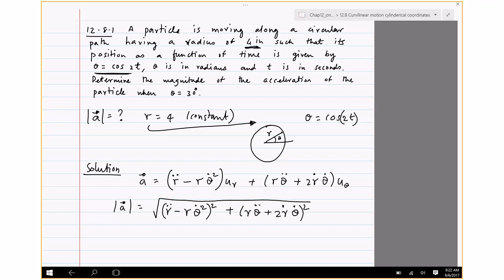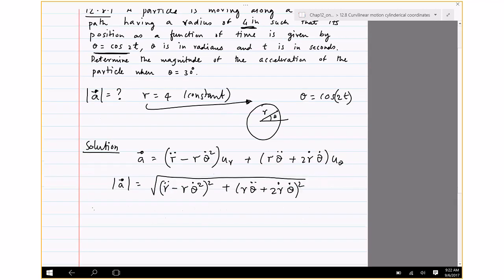So let's start with r and its derivative. r is 4. What's r dot? It's 0 because the radius does not change with time, it's a constant. So then r double dot would be 0.